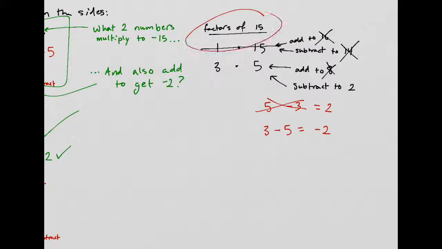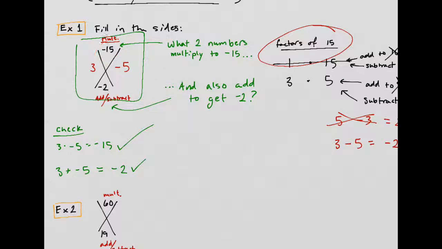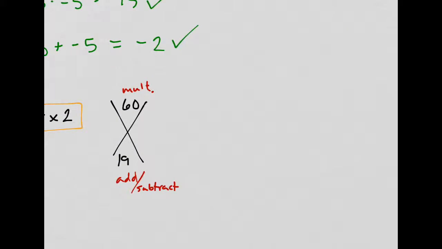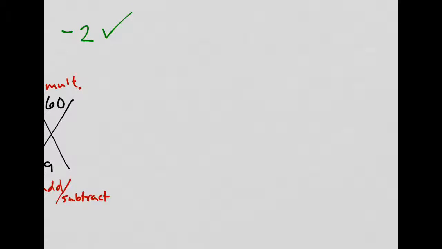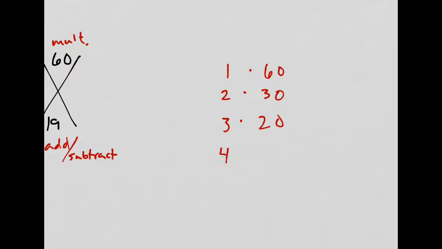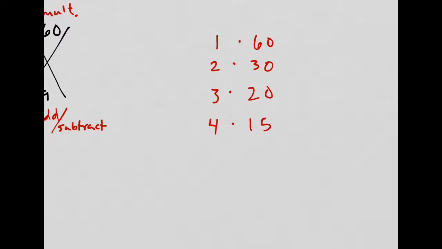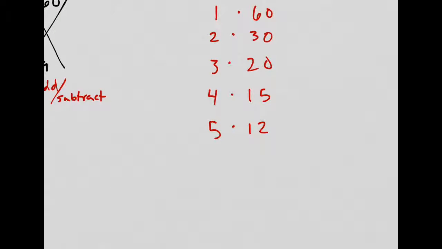Of course, that's 1 times 60, 2 times 30, 3 times, what's 60 divided by 3? 20? Yeah. 4 times 15, 5 times 12, 6 times 10.